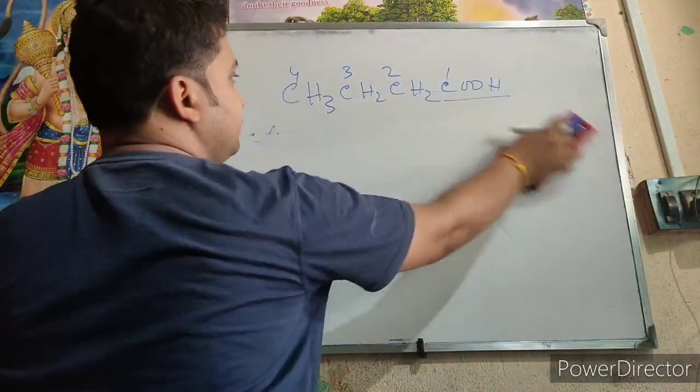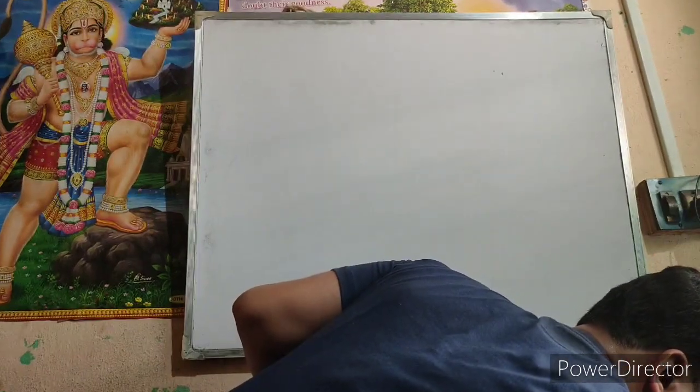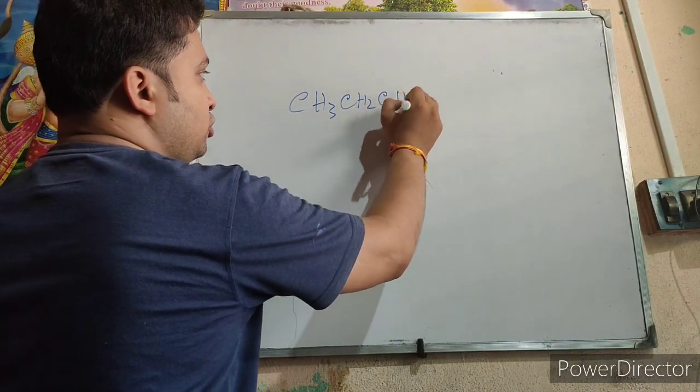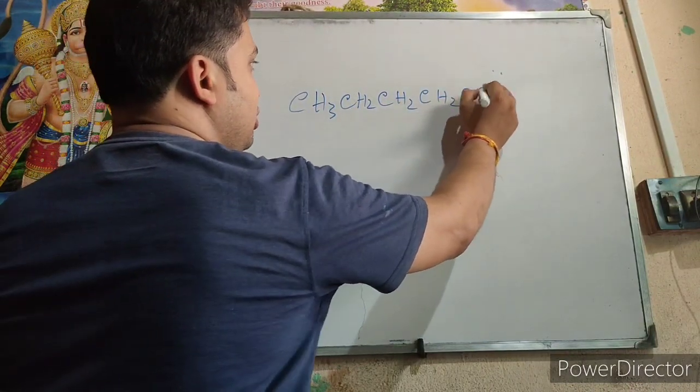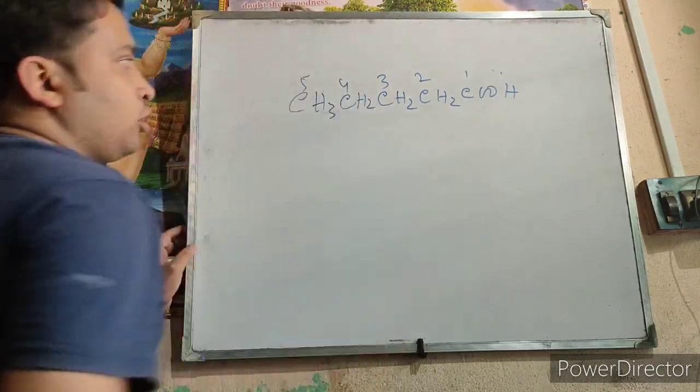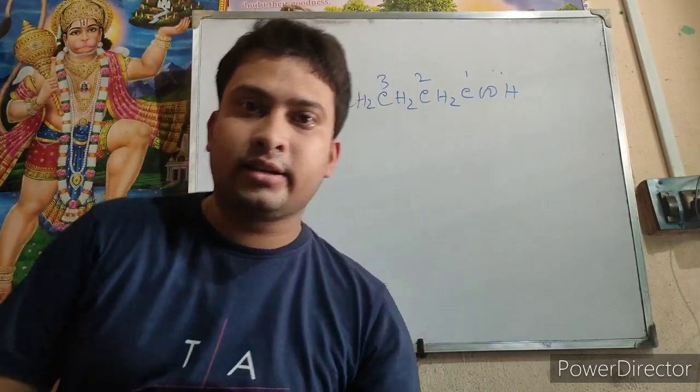valeric acid. What is it? Valeric acid. Simple. Valeric acid means CH3 CH2 CH2 CH2 COOH, 1, 2, 3, 4, 5. So this is pentanoic acid.